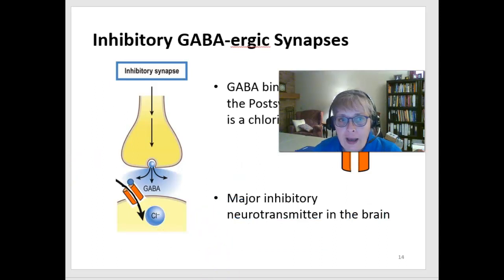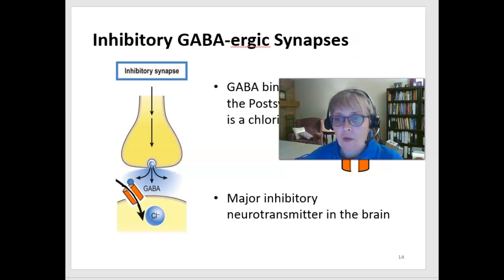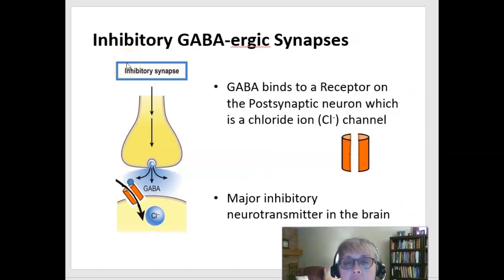First, let's look at an inhibitory neurotransmitter. So an inhibitory GABA-ergic synapse means that this presynaptic neuron has a positive charge on the inside, and GABA is released into the synaptic cleft. So GABA travels across the synaptic cleft to the postsynaptic neuron.